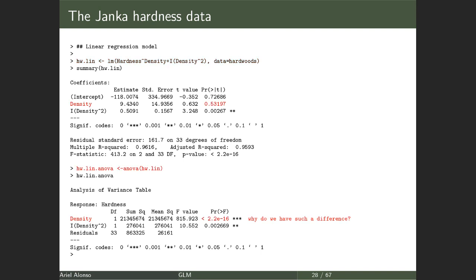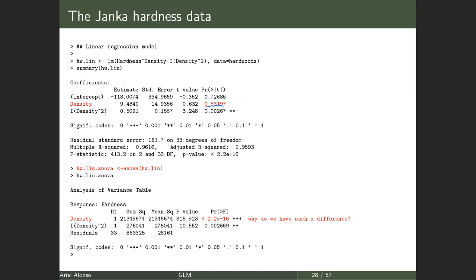And you can see here that when you apply the summary function, you fit your model, we call it this HW linear, you see very clearly when you apply the summary function that the coefficient of density here was non-significant.